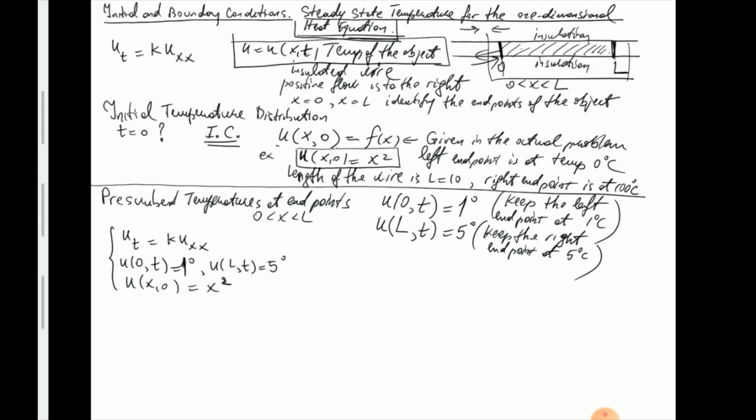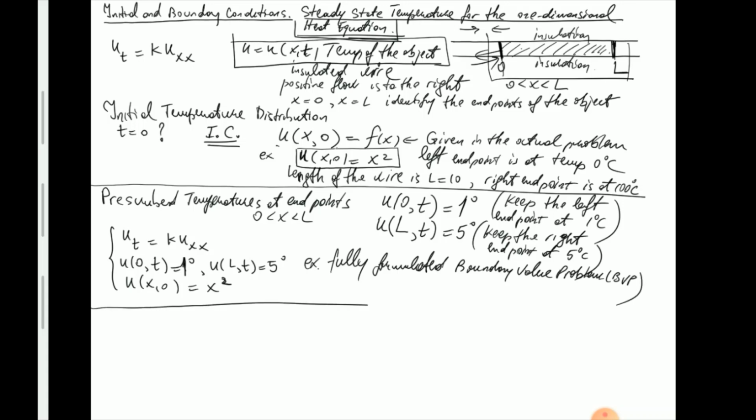Because we have an initial temperature, so we know that information, and we know what happens at the endpoints. That should be sufficient to describe the full process of how the temperature changes in time. So that's an example of a fully formulated boundary value problem, or BVP.